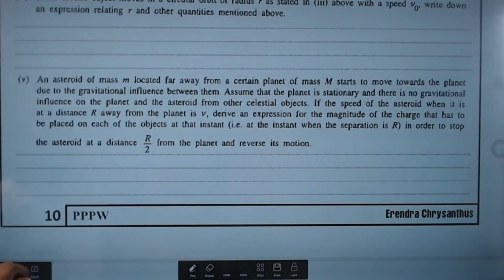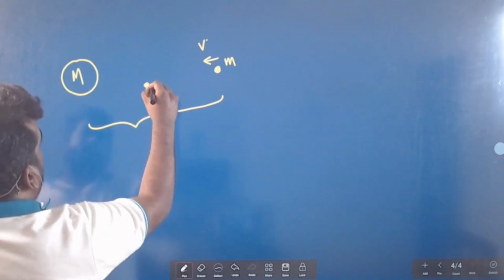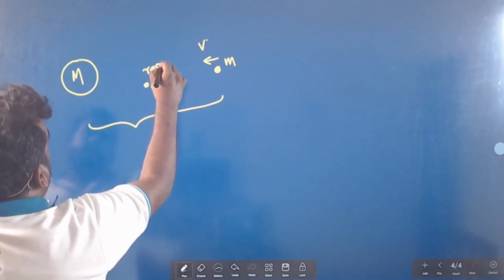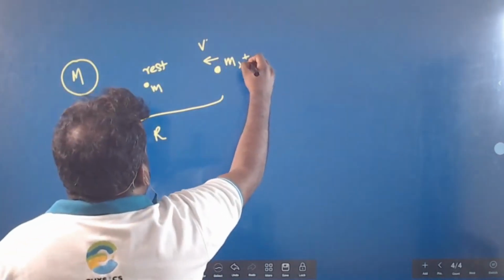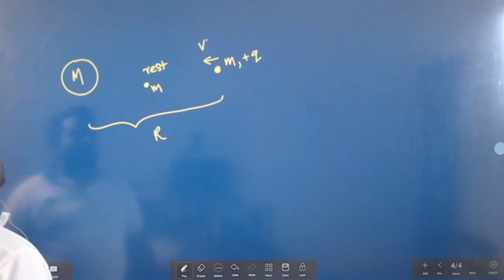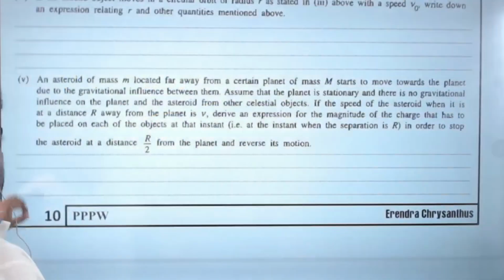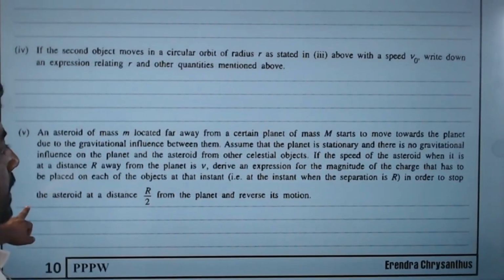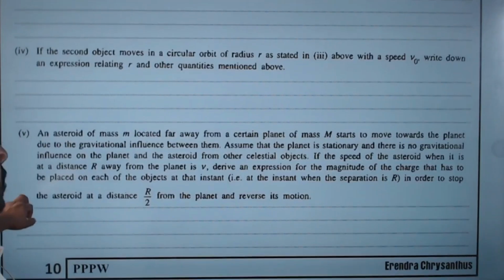Our job is to stop it at a distance R over 2, where m comes to rest. Don't forget there is a charge as well, plus q. What is the charge that should be placed? On each of the objects, so both objects.